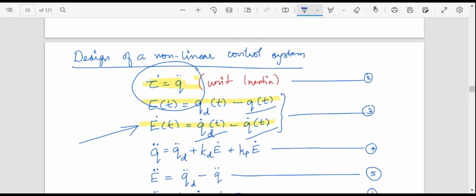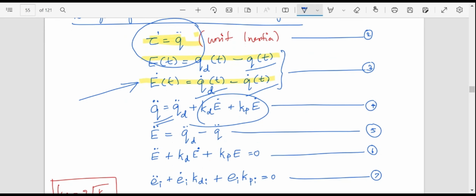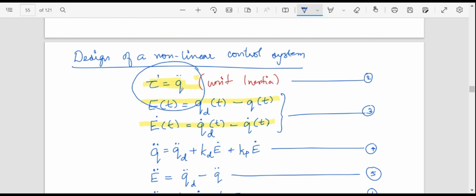Then we are going to calculate the error dynamics of this system. To calculate the error dynamics, let's assume that the actual acceleration is equal to the desired acceleration plus the controller coefficients. Here KD is the velocity gain.